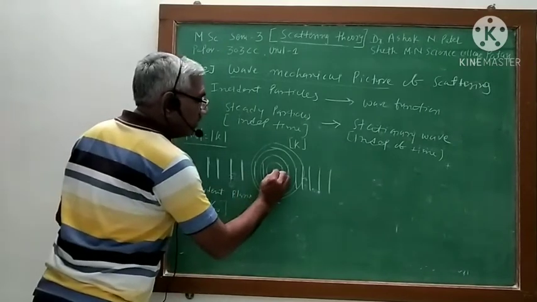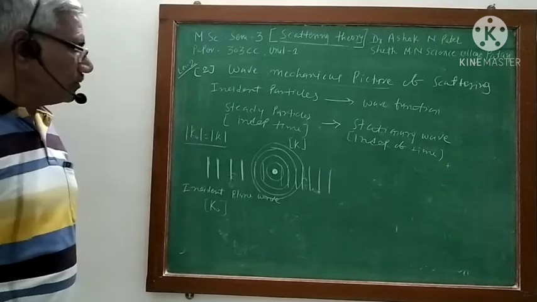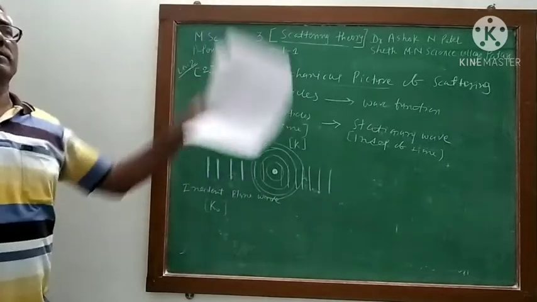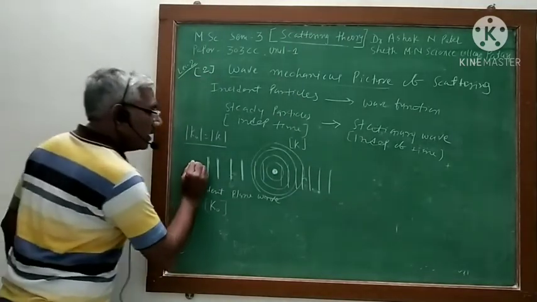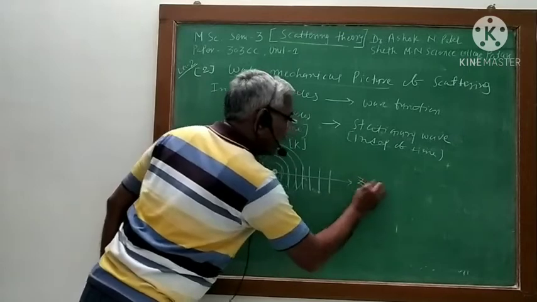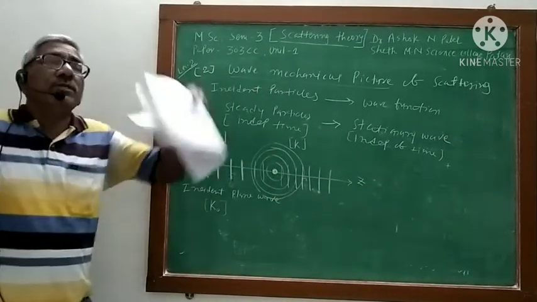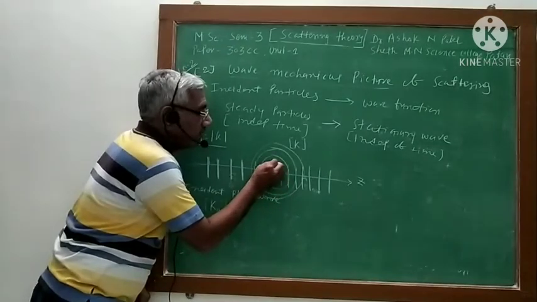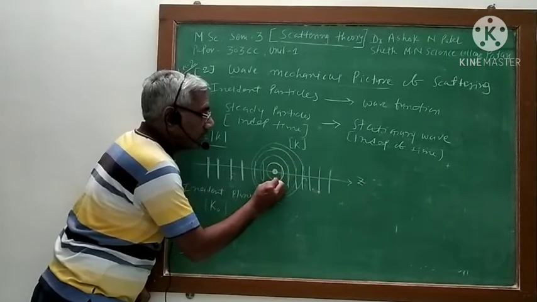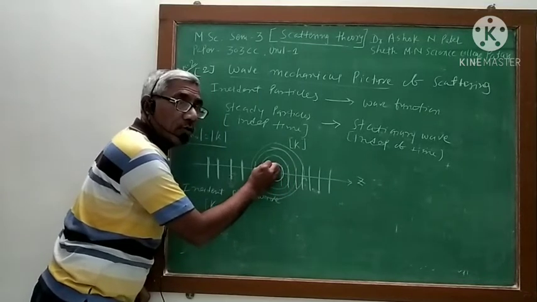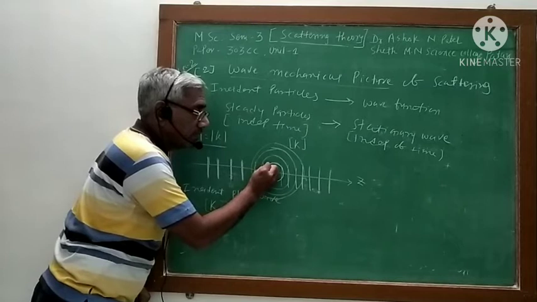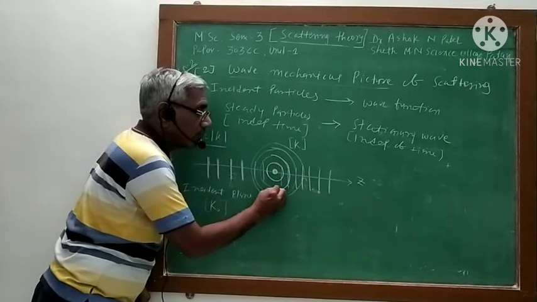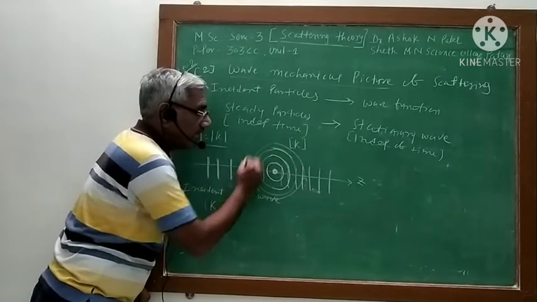But in the presence of the target, now the plane waves are scattered in all directions. So instead of moving in the z direction, now it moves in all directions. So now this is a spherical, circular plane with a constant phase. This is the second spherical plane with a constant phase. This is the third one. So likewise.